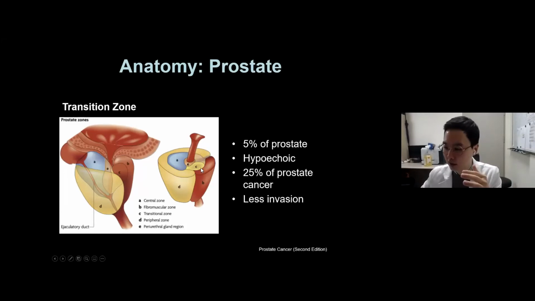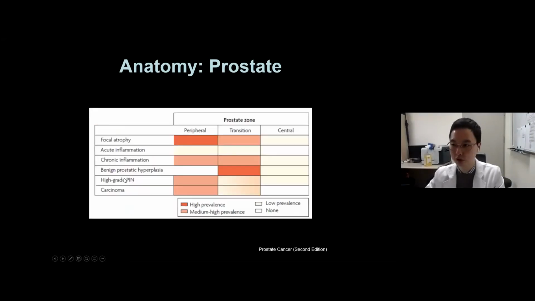Without extruding these zones, it cannot spread; these zones actually act as a barrier for cancer spread. So normally it is known to be less invasive in the tumor in this transitional zone.